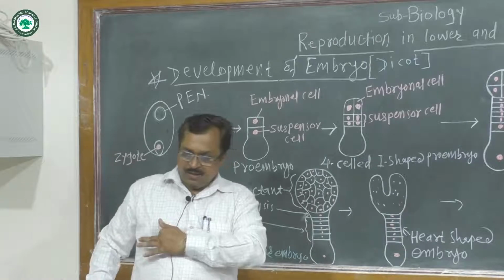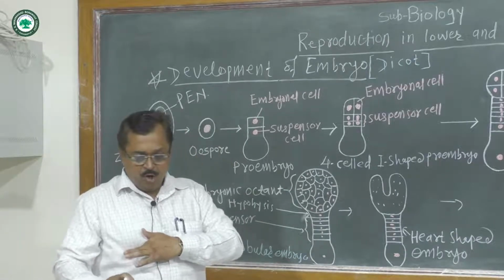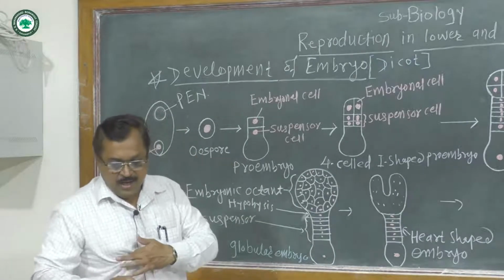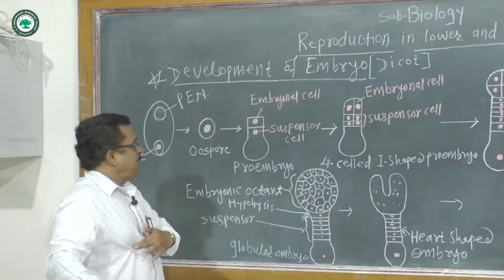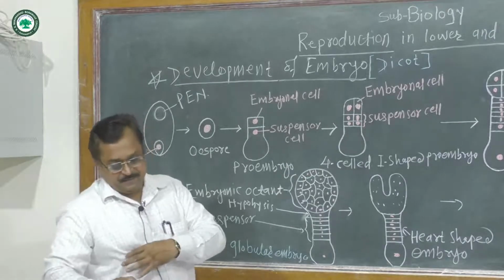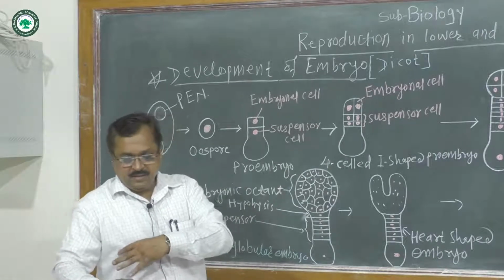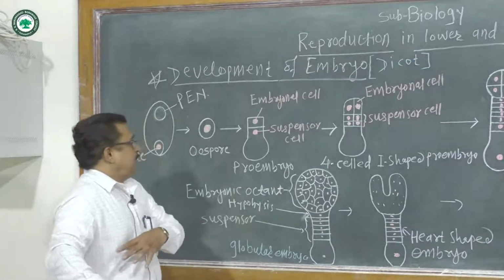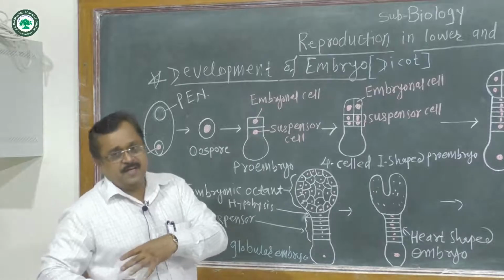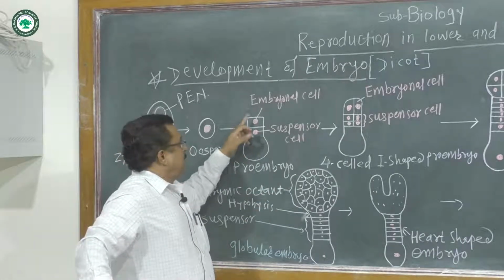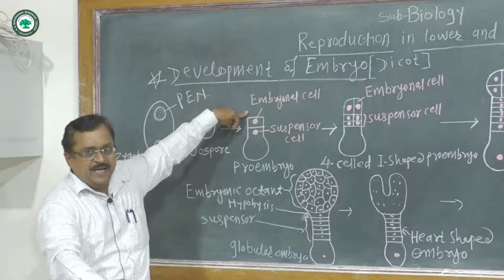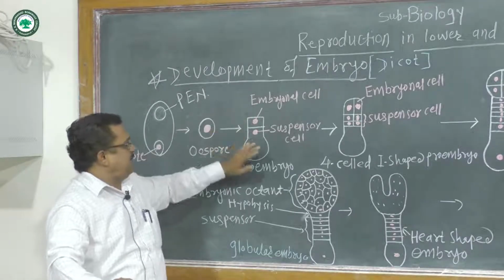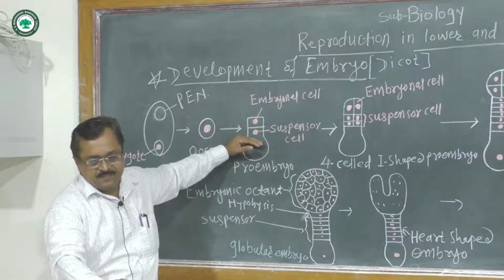The proembryo of two cells has one lying near the micropyle and another away from it. The one towards the micropylar end is the basal cell, and the other is the terminal cell, which is the embryonal cell.